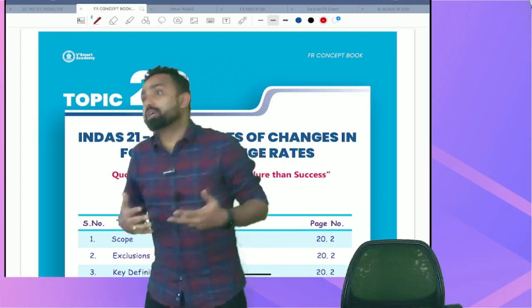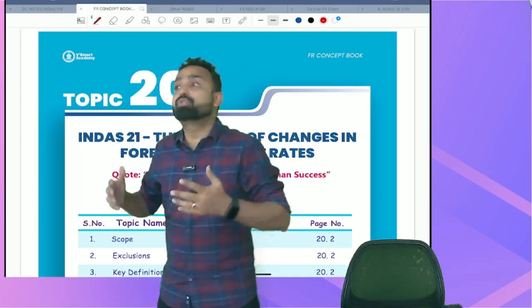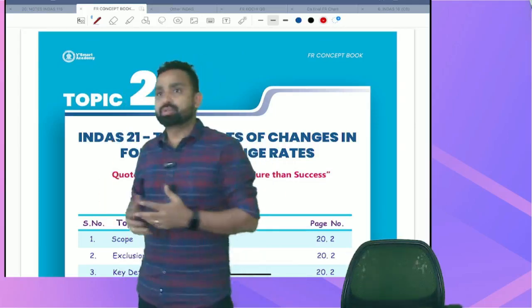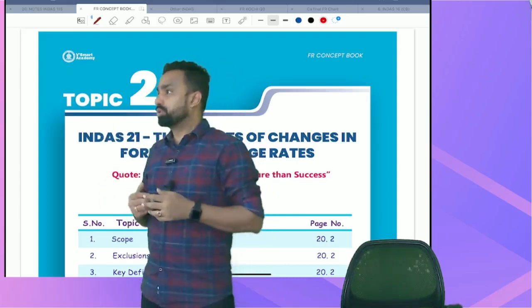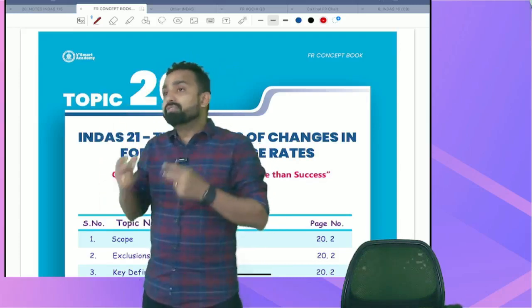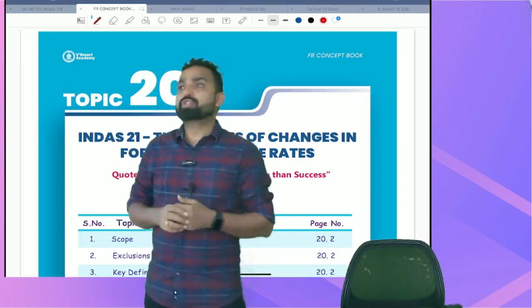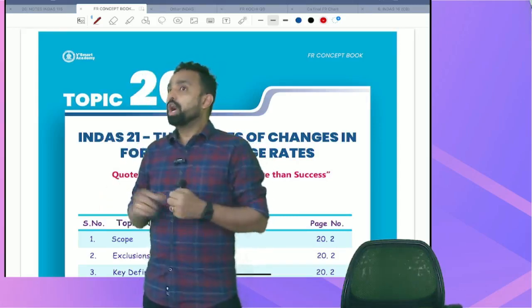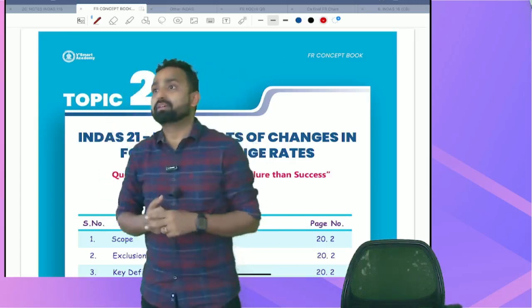If you are not able to determine the functional currency by the sales price, determine it by the direct cost of the goods. In which currency do you purchase the goods? In which currency do you take the decisions of costing? Or in which currency do you arrange the funds of financing?